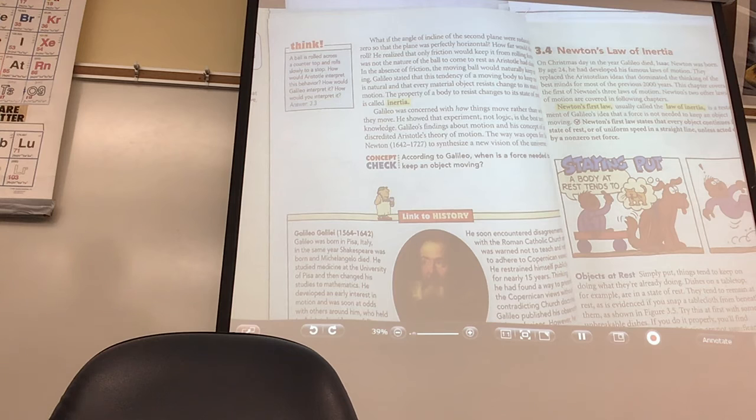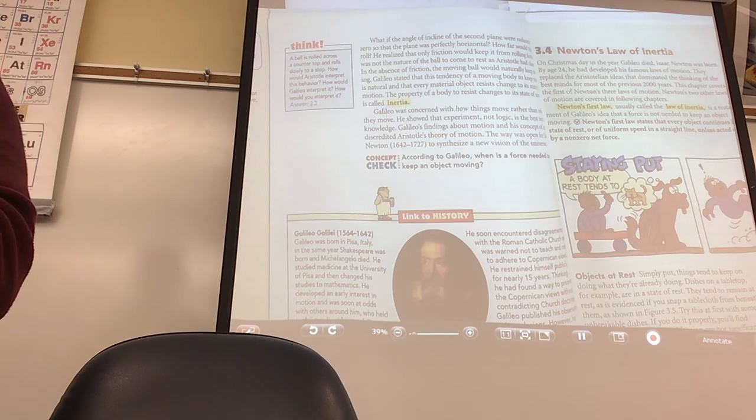Now, Galileo liked the church. He was not an enemy of the church, but it just so happened that he did have a feud. There was something that went on with the church. Have you had that in humanities class yet? Yes. Okay, and I don't know how your humanities teacher slanted it or didn't slant it. But when the church saw some of Galileo's ideas, they said, you know what?